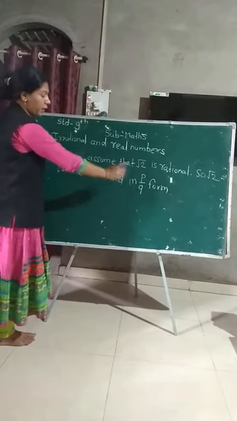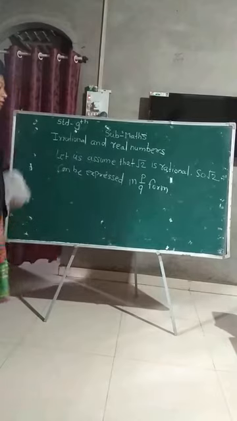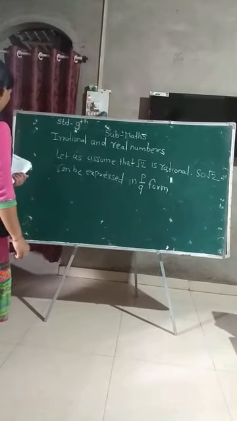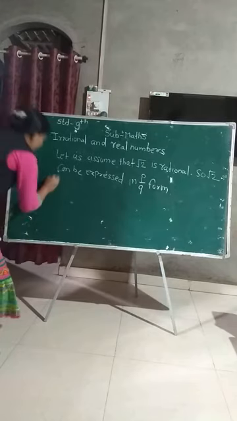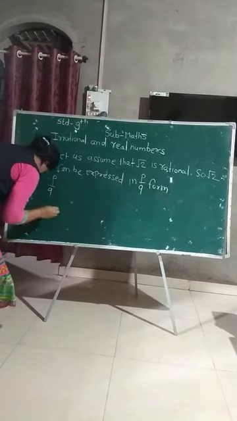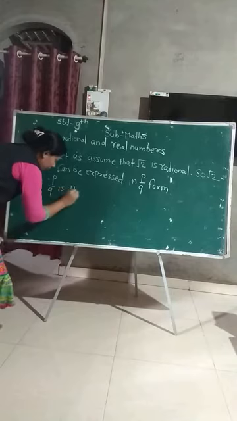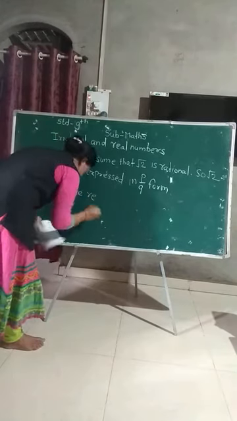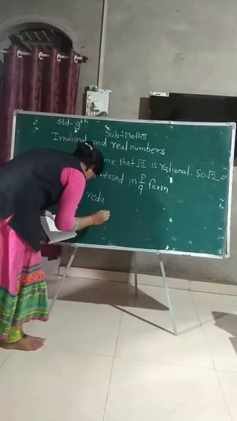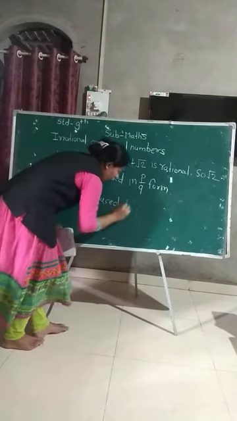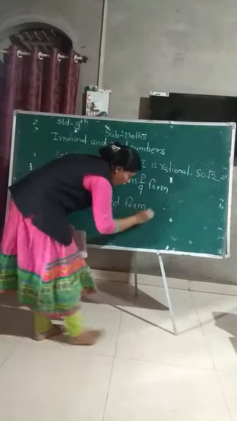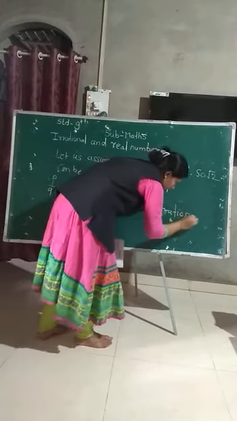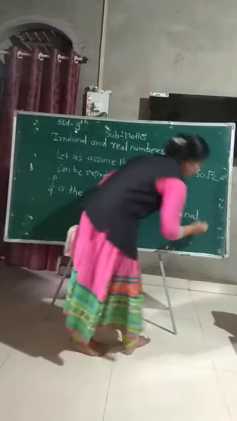We know that we write a rational number in p upon q. So p upon q is the reduced or standard form of a rational number.